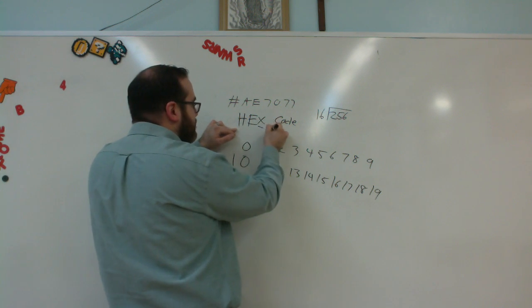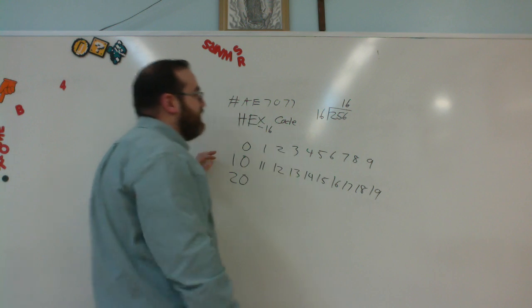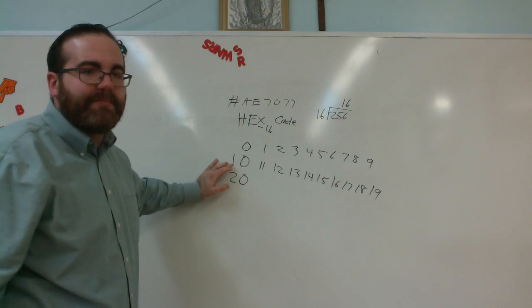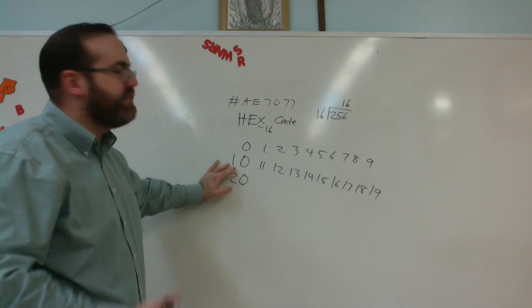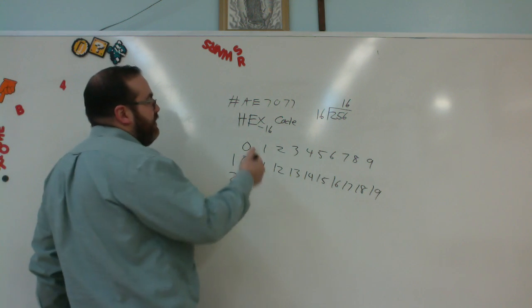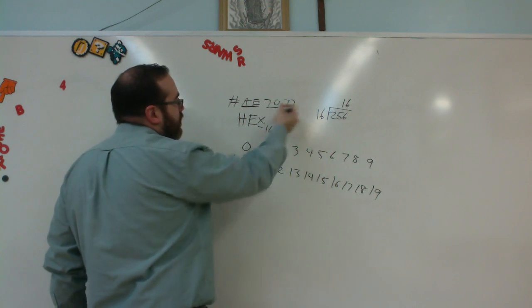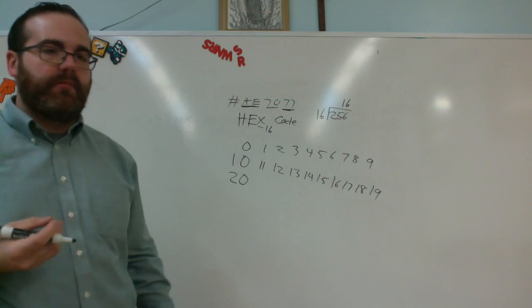Hex is in base 16. That means we get 16 different options. 16 times 16 is 256. So what we're saying here is we need to have other options to keep this code nice and small.